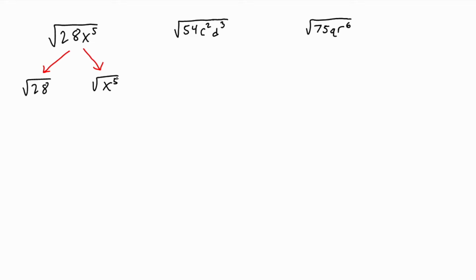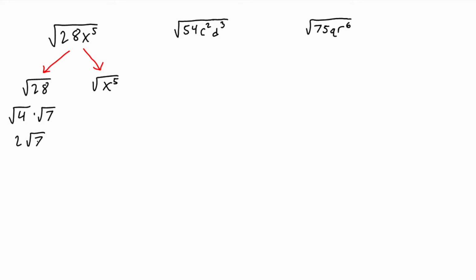Simplifying square root of 28 is done the same as before. What's a perfect square you can divide out of 28? 4. So we split this up into square root of 4 times the square root of 7, because 28 divided by 4 is 7. And so the square root of 4 is 2 times the square root of 7.